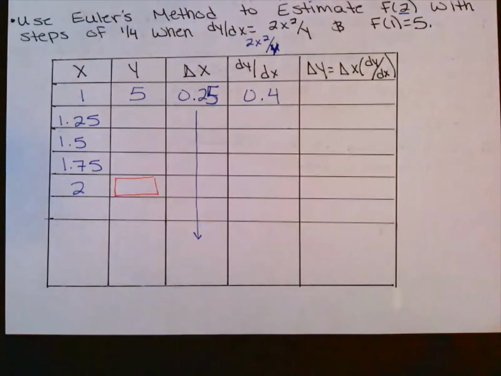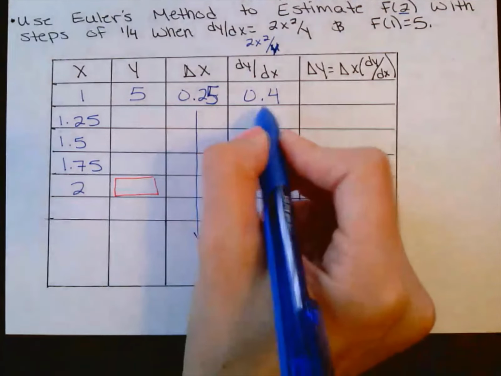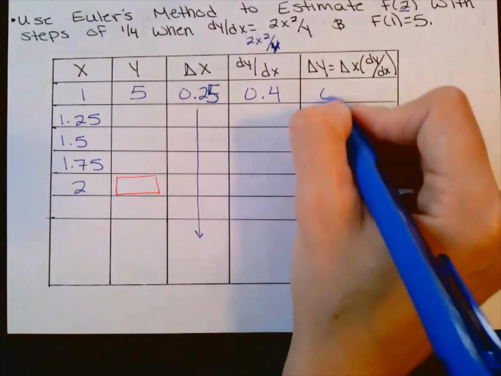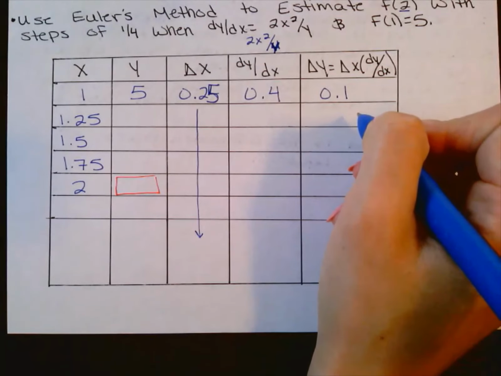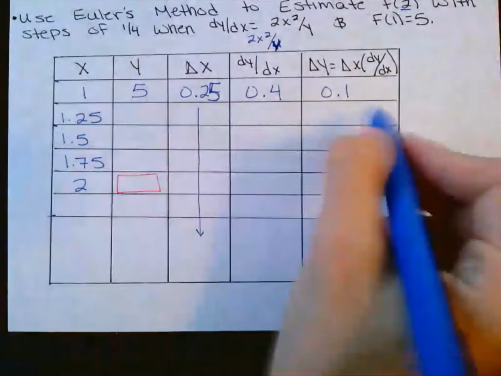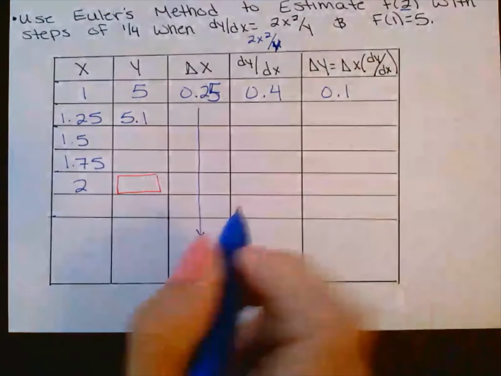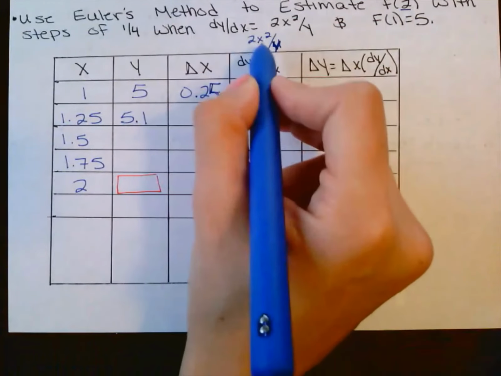Multiply the 25 and the 4, and I get 100. But I'm going to have my decimal places moved 3 over. So I end up with 0.100, or technically 0.1, okay? So now that's my change in y. So 5 plus 0.1 is 5.1.